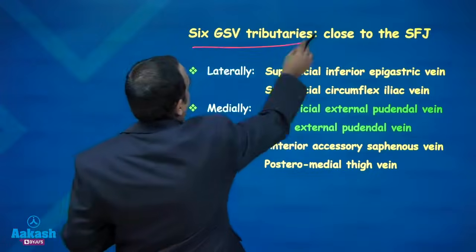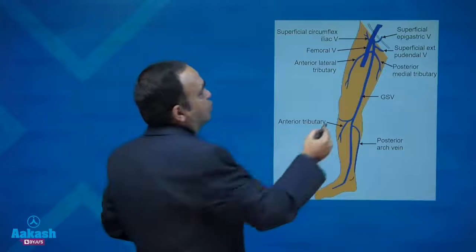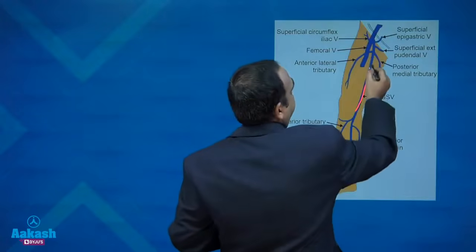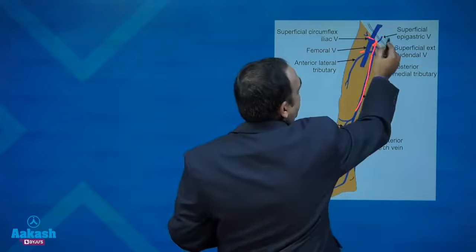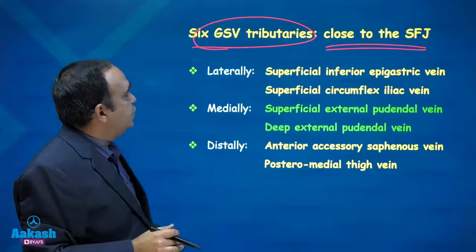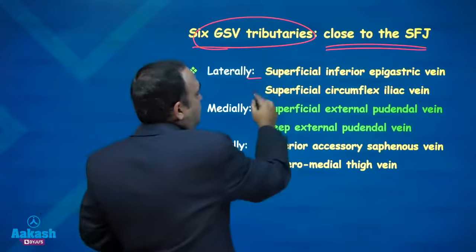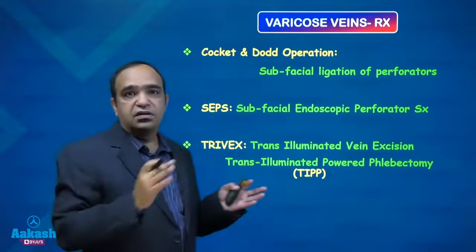There are 6 great saphenous vein tributaries close to the saphenofemoral junction. So this is the great saphenous vein. Don't just tie the great saphenous vein. The tributaries also have to be ligated to reduce the recurrence rate, and these are the 6 tributaries.